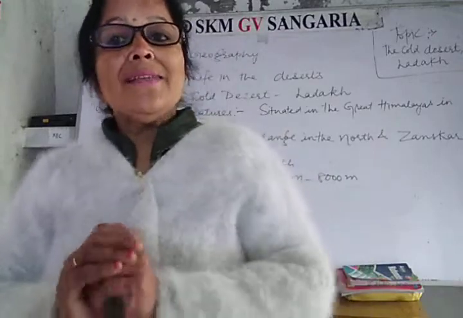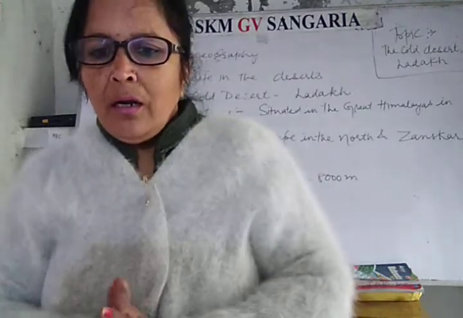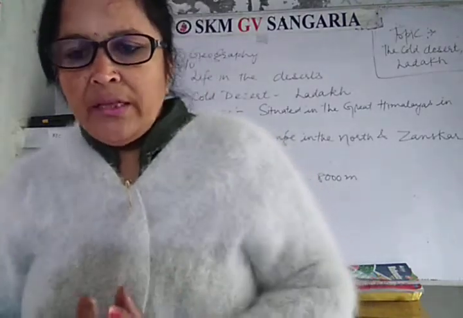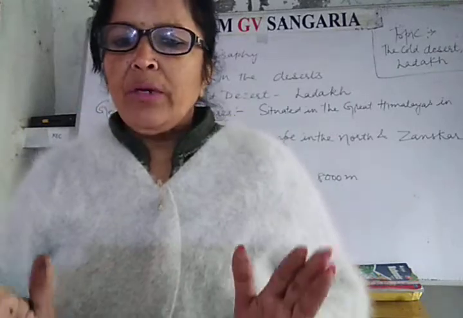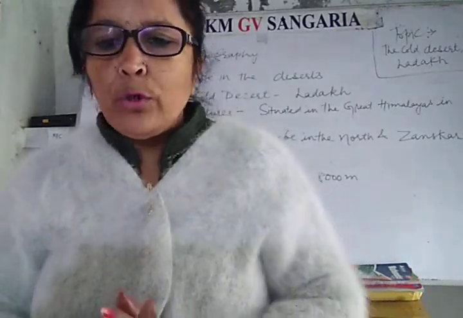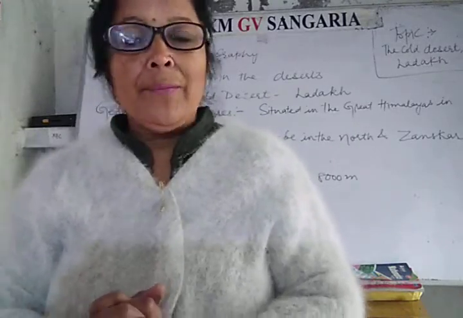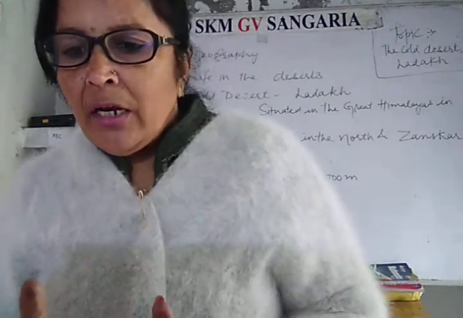Ladakh is the cold desert lying in the Great Himalayas on the eastern side of Jammu and Kashmir. The Karakoram Range in the north and the Janskar Mountains in the south enclose it. Several rivers flow through Ladakh, Indus being the most important among them. The rivers form deep valleys and gorges.